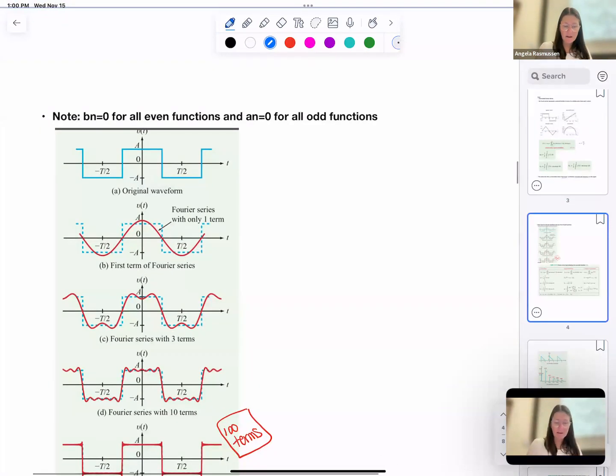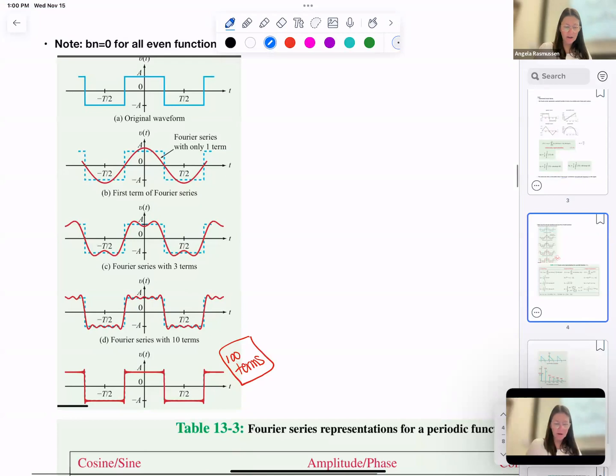Okay. So this is an example of where I have a Fourier series and I'm trying to represent this signal. If I only have one cosine or one sinusoid, that's where the number B is.